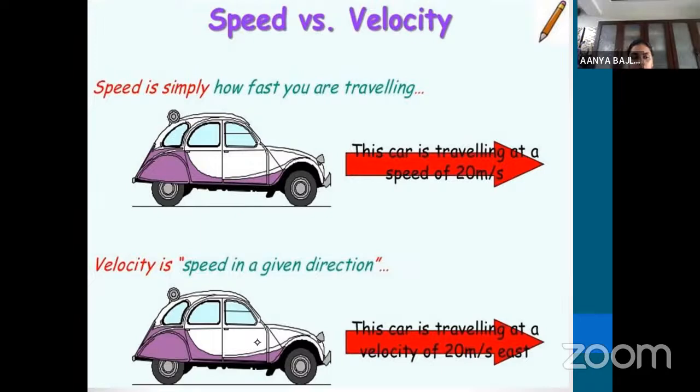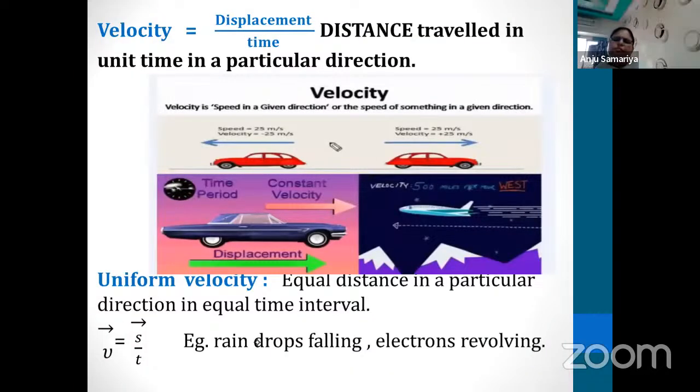Okay. Now, velocity, in actual sense, is displacement upon time. That is distance traveled per unit time in a particular direction. So uniform velocity is equal distance in a particular direction in equal interval of time.